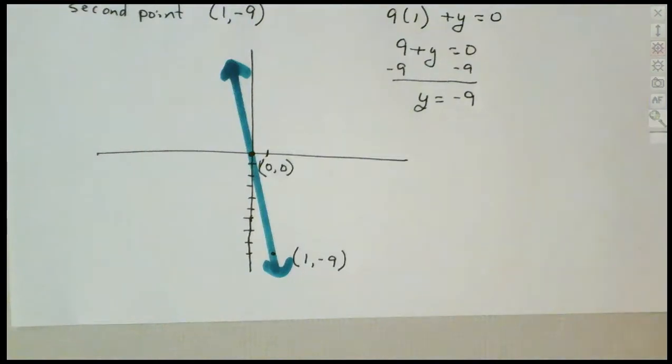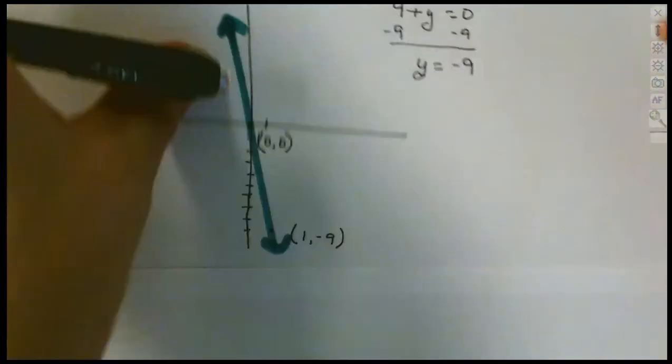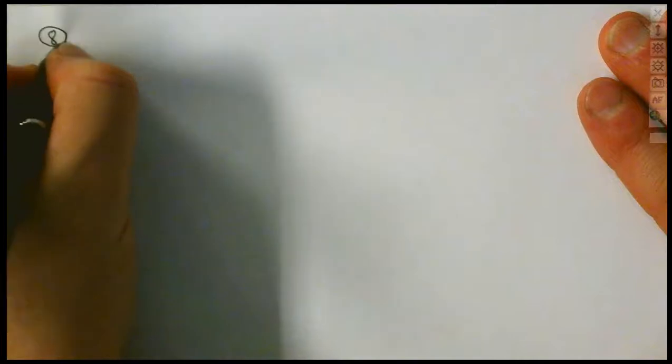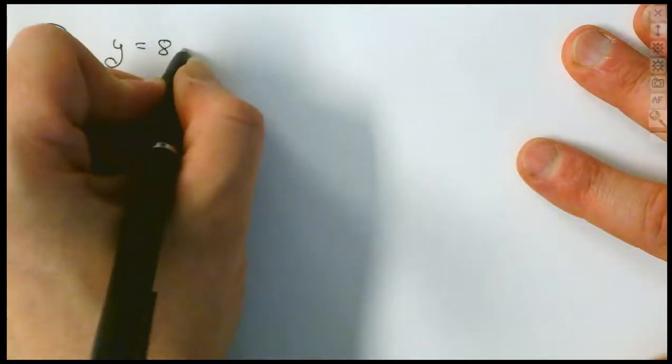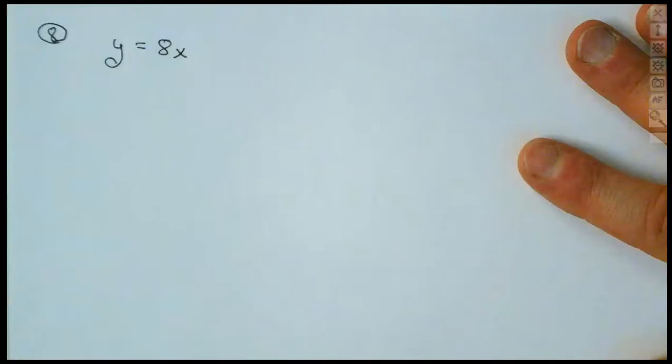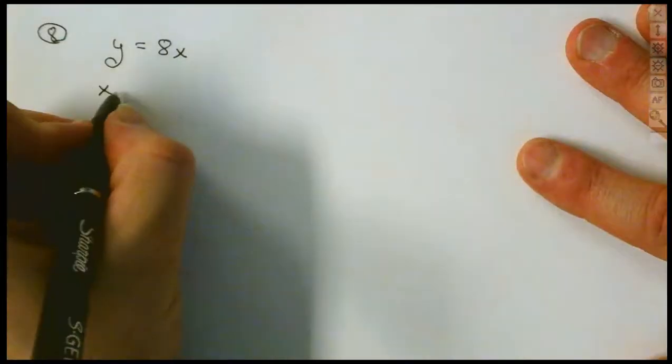Question number 8. Very similar again. Question number 8 is also going to have the double 0. It is y equals 8x. Now let's start with our intercept table.